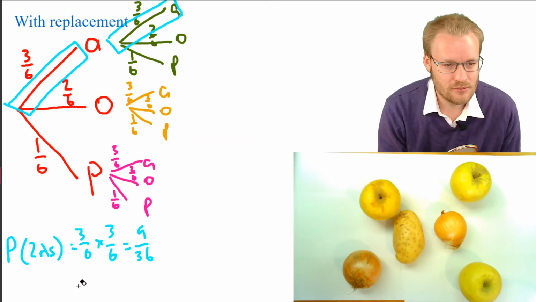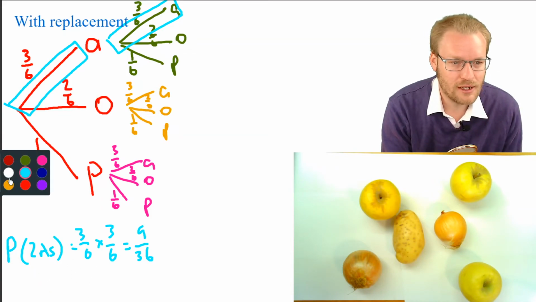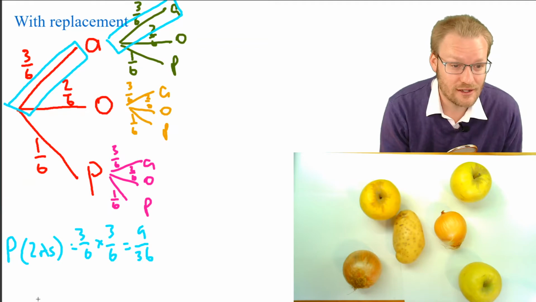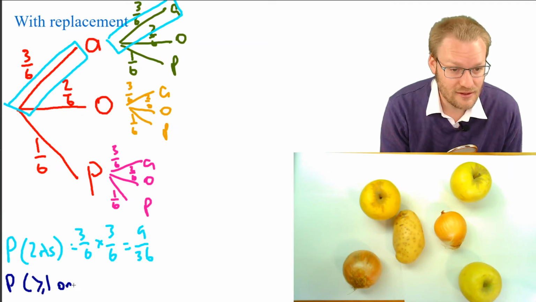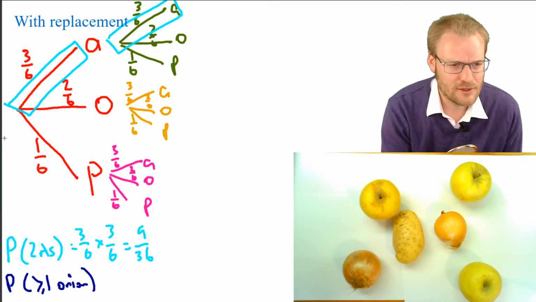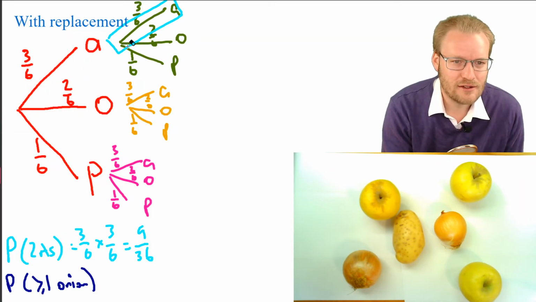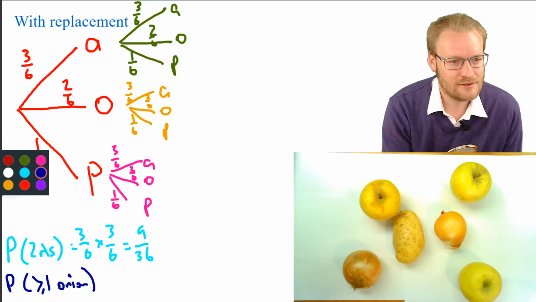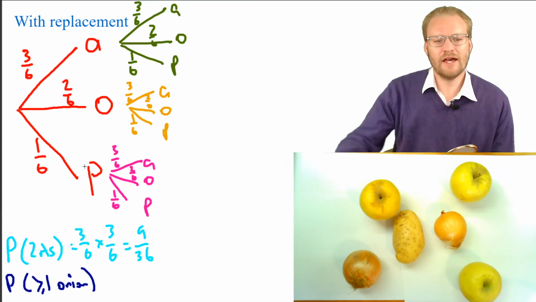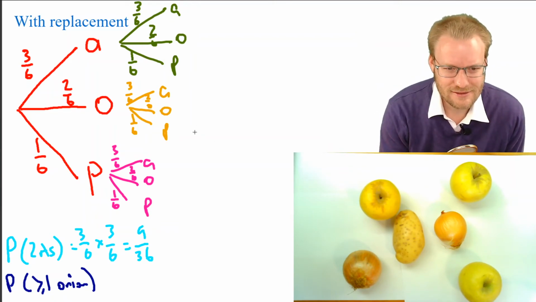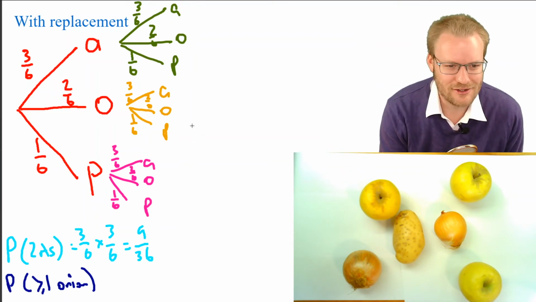I'm just putting it in a different color so I can highlight it. Probability of picking out at least 1 onion. Okay, so you're busy working it out. Maybe I should have hit pause here. Okay, so we're back. That pause, yay, so you could join.